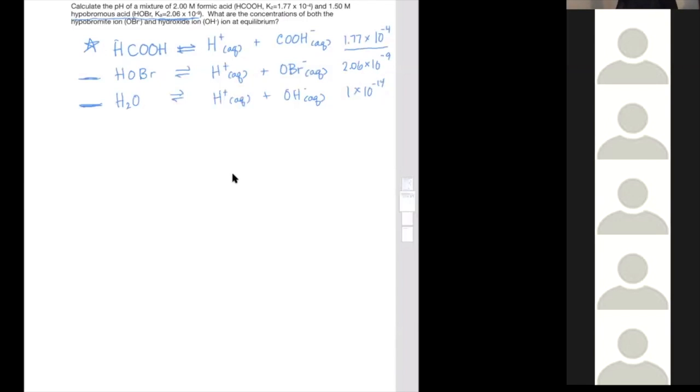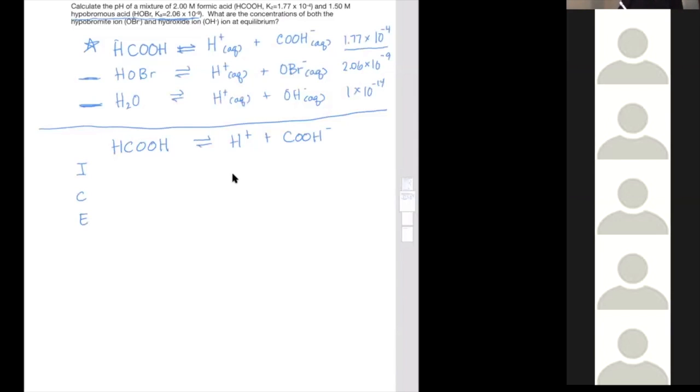And so we've reduced our problem to one acid. We've chosen the formic acid as the major contributor here. So we'll go forward using that.